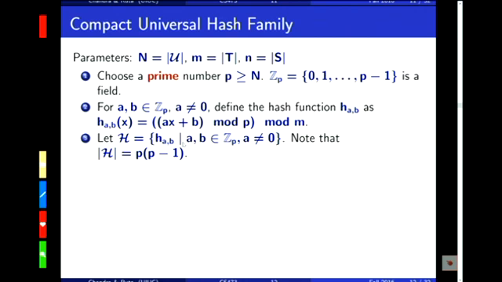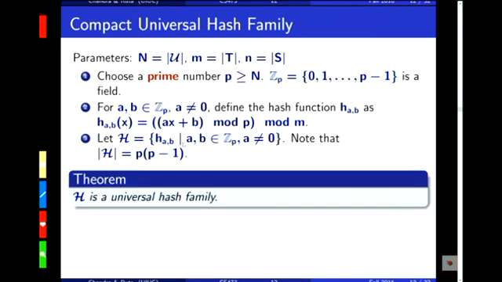Note that the number of hash functions is p times p minus 1, because for b I have all possible values 0 through p minus 1, and for a I have only 1 through p minus 1. I want to claim that this family is universal. That is, fix any two elements x and y from the key set U, and pick a function h_ab at random from this family.